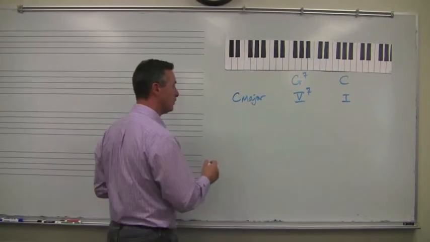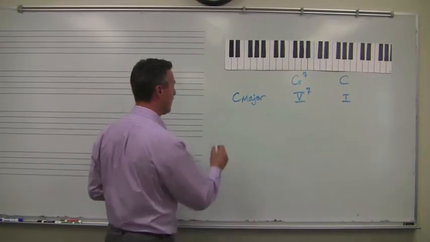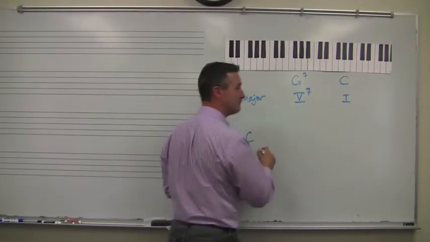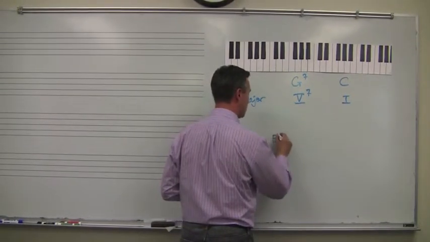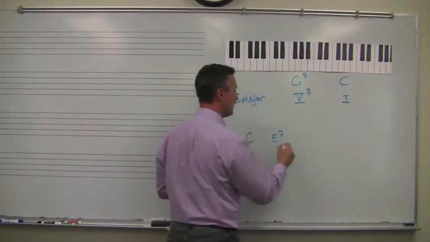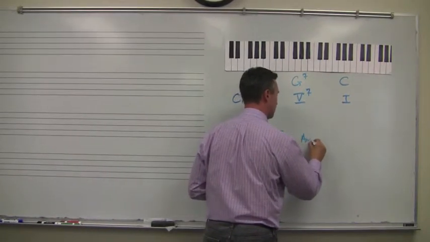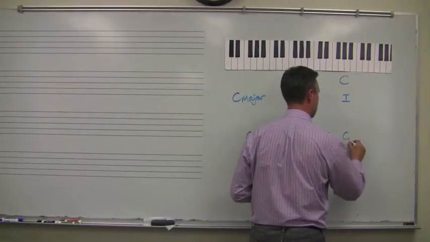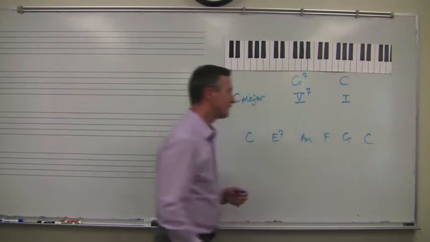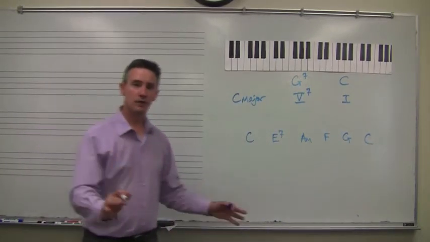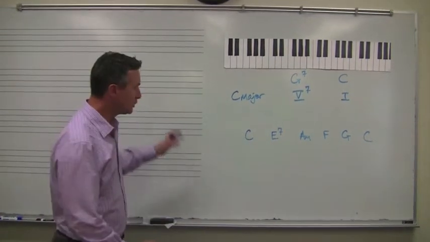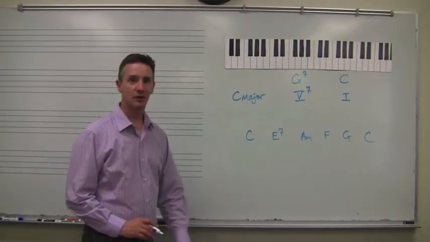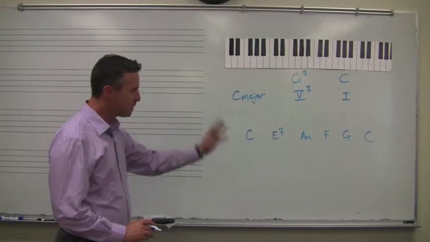Let's say, for example, we're in the key of C major, and we have figured out that we have a chord C, and then immediately after that, suddenly we have a chord E7. Then we have a chord A minor, and then we have a chord F, and then we have a chord G, and then a chord C. If we were going to put Roman numerals to that chord progression, if we were going to try and figure out what that chord progression was, and we knew we were in C major, we would have no problem with most of those chords.